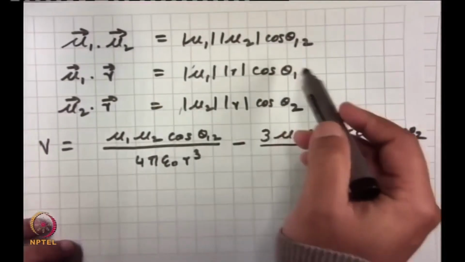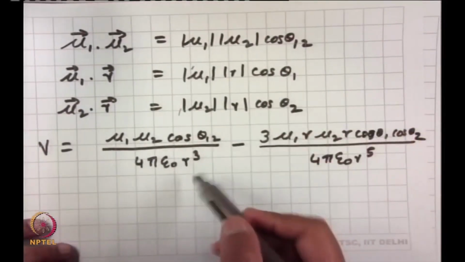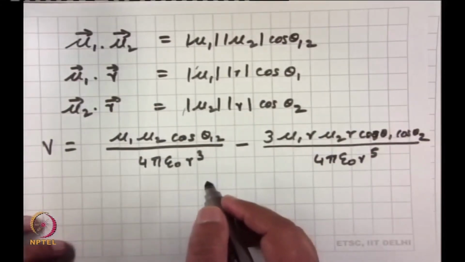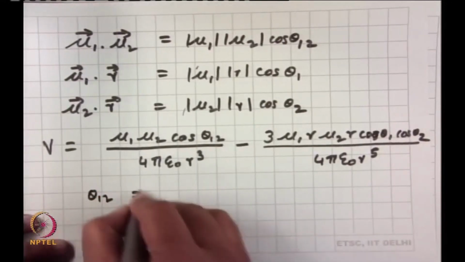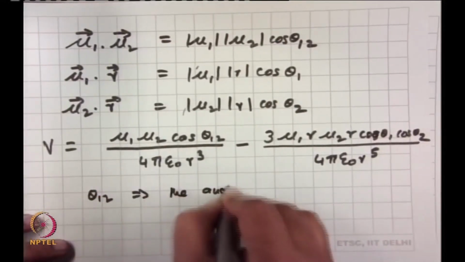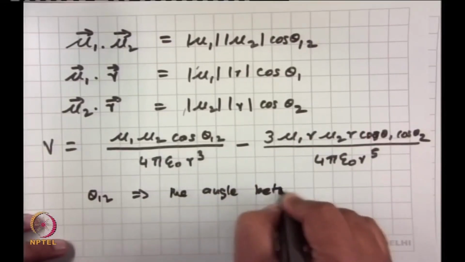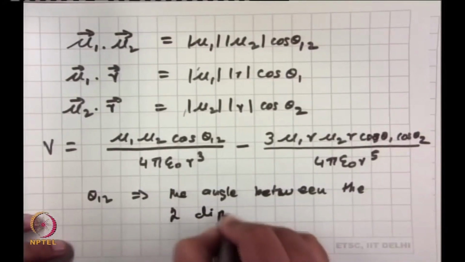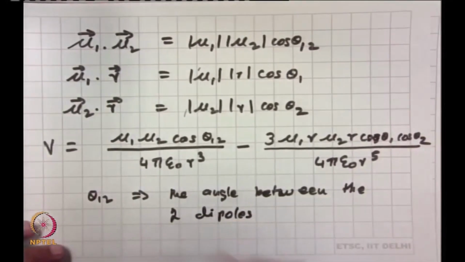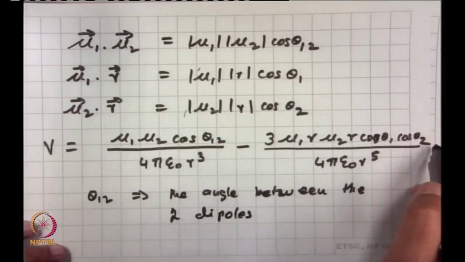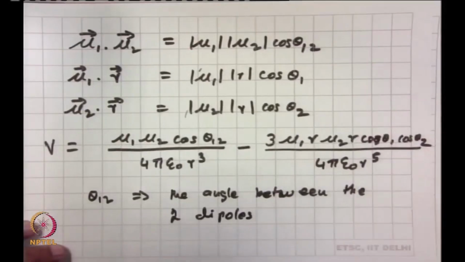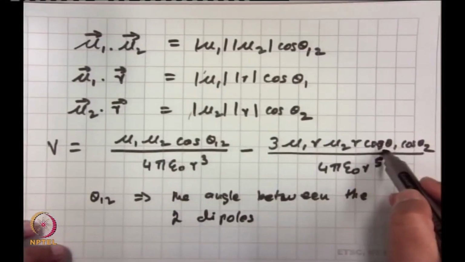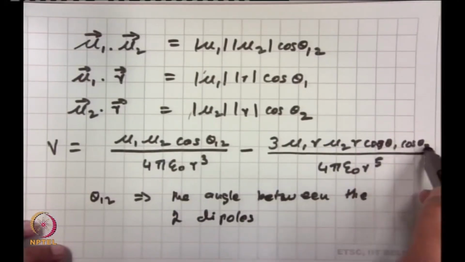So, again I have just plugged in these dot products, right. This theta 1 2 is what? Theta 1 2 is the angle between the two dipoles. Now, please keep that in mind. And obviously theta 1 and theta 2 are the angles that these dipoles make individually with respect to the r which is separating them, the distance. And just there is an overriding here. So, this is essentially cosine of theta 1 and cosine of theta 2. Okay.